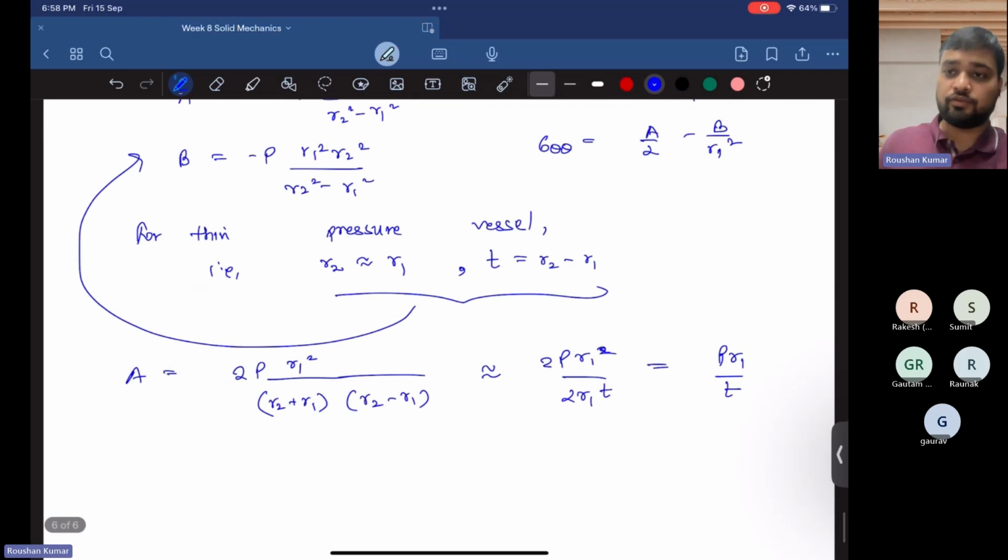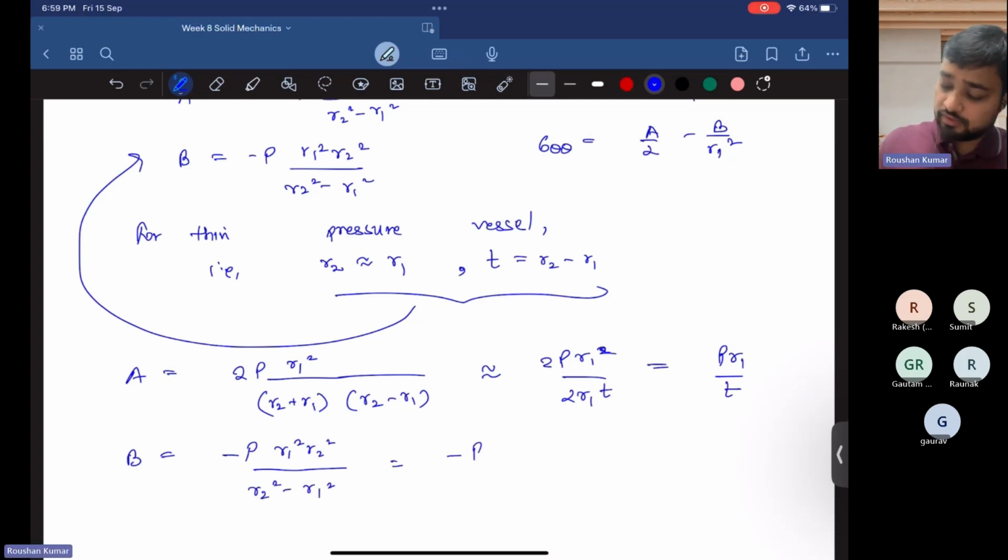This is the expression for the thin case, where the thickness is very small and the outer radius is almost equal to the inner radius. The value of B is minus p R1 square R2 square upon R2 square minus R1 square.